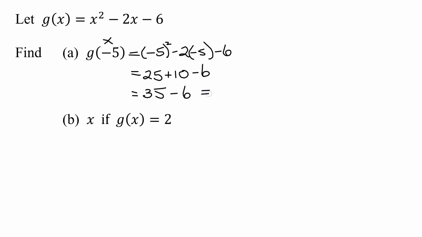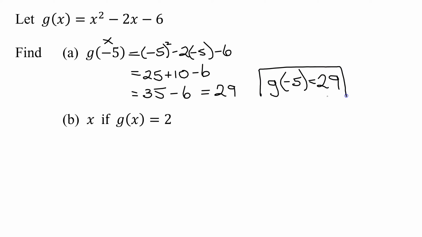And what's 35 minus 6? 29. So I know that g evaluated at x equals negative 5, the value of the function g is equal to 29.